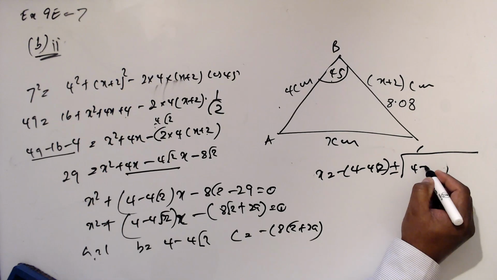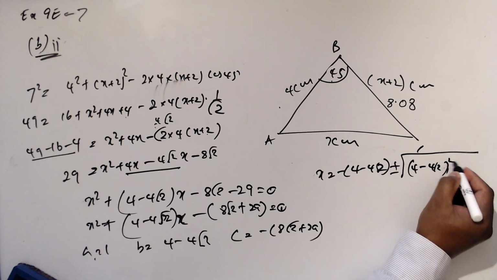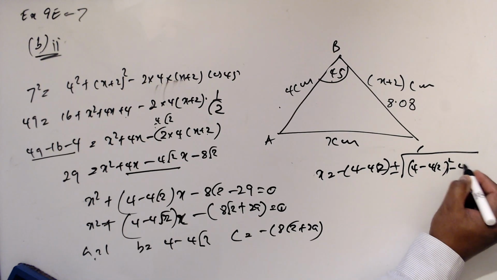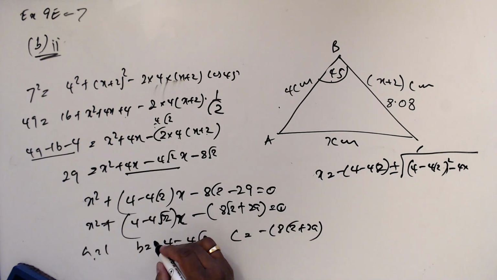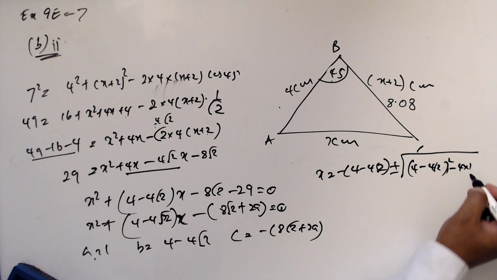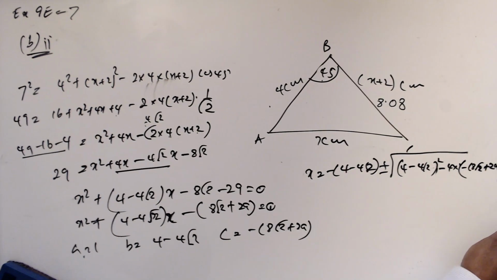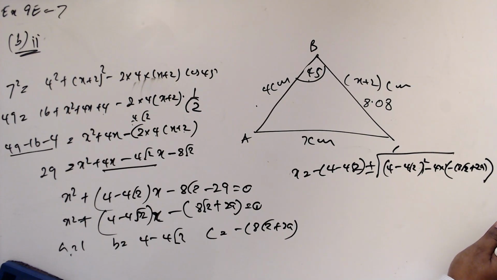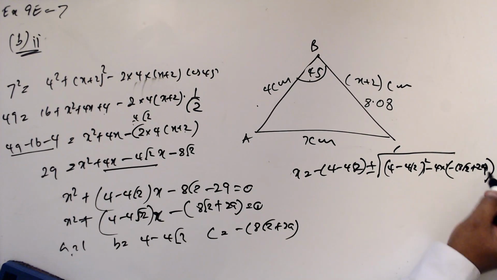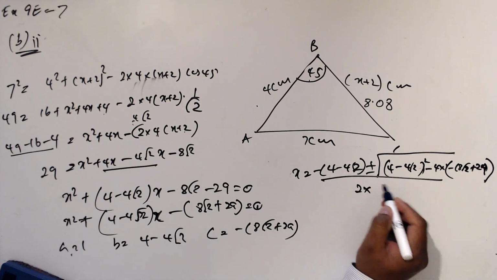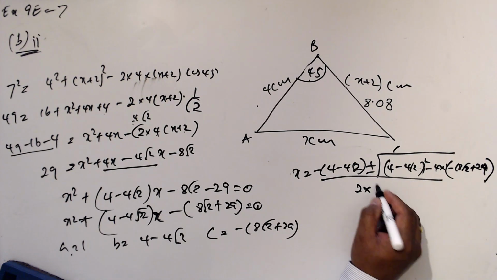So (4 minus 4 square root 2) square minus 4 times a, which is 1, times c, this one, minus 8 square root 2 plus 29, plus 29 over 2 times 1, 2a.